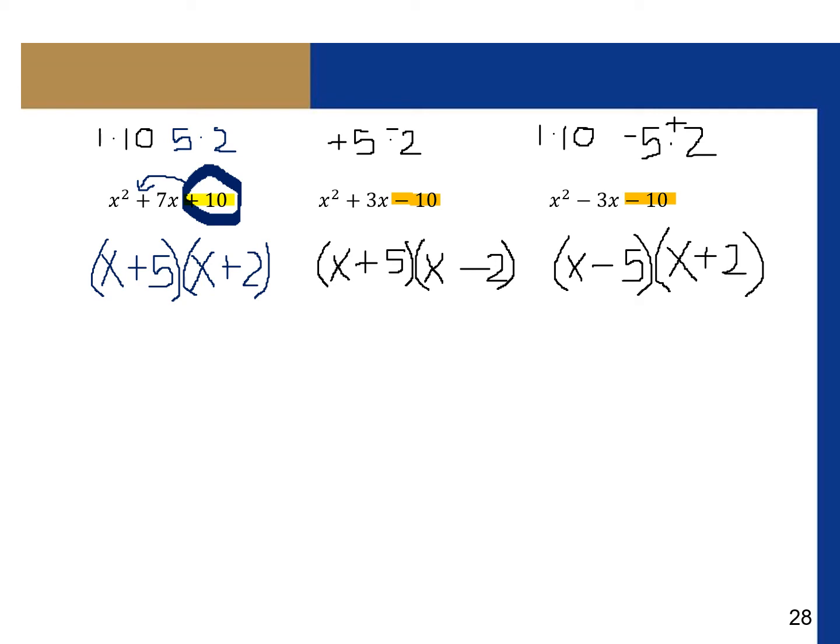Now I could have put my plus 2 first if I wanted to. I have to make sure I keep those signs with the right numbers. And I could have put my x minus 5 in the second one. That would have been okay as well.